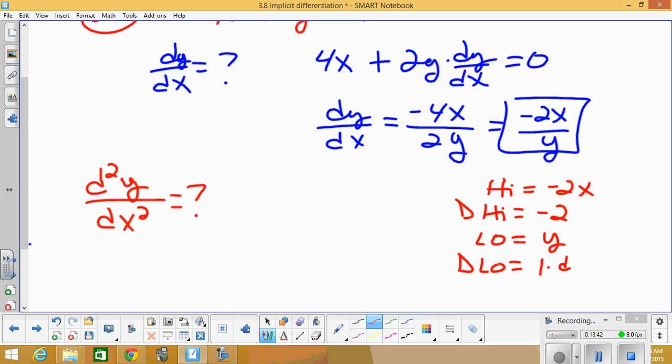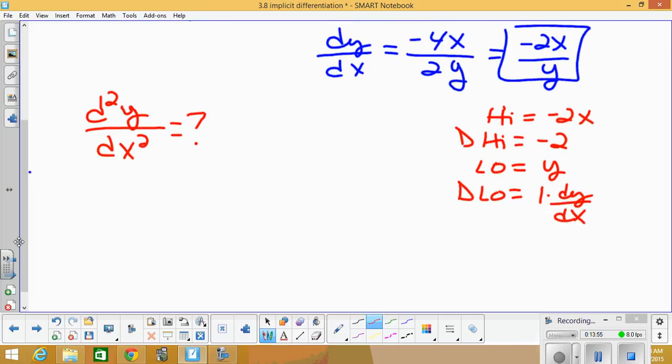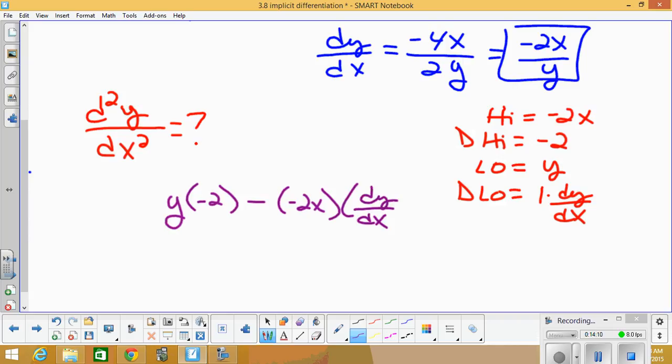So I really have it 1 times dy dx. So I'm going to have to make sure I do my substitution with that. So from here, if I want to go ahead and take my derivative, I'm going to do another color. I've got low d high minus high d low all over low squared.